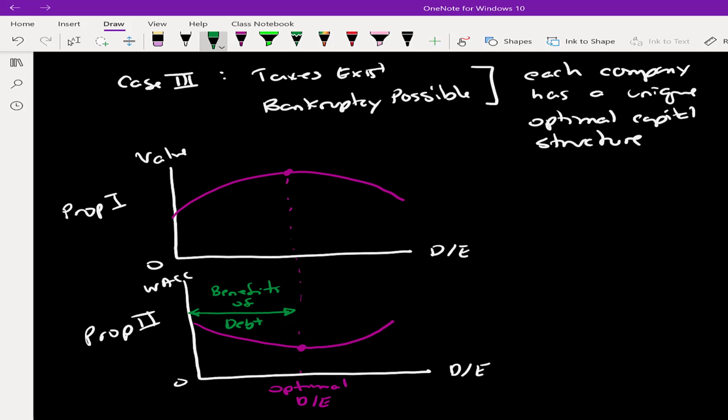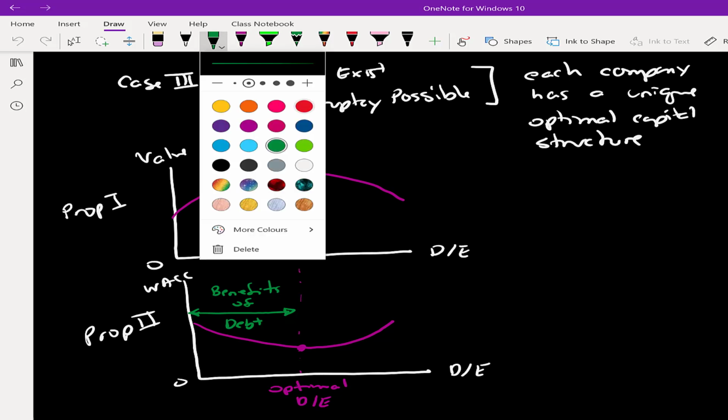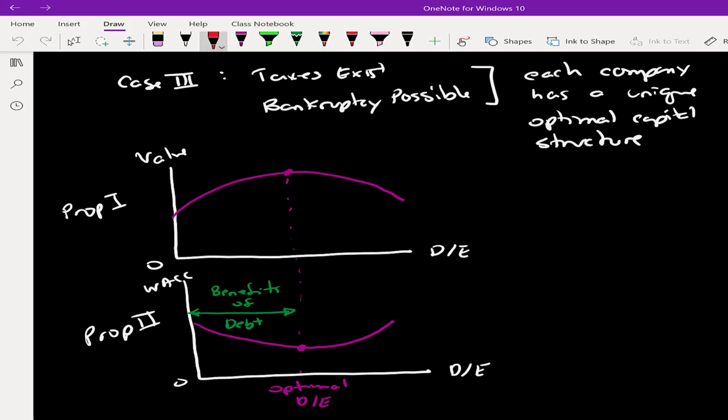And also, debt is cheaper than equity. So the more debt you're adding, the lower your average is becoming. Adding debt is lowering the cost of capital in this case. But then at some point, it starts to increase. This is reflected by this range here, and the book calls this financial distress costs.